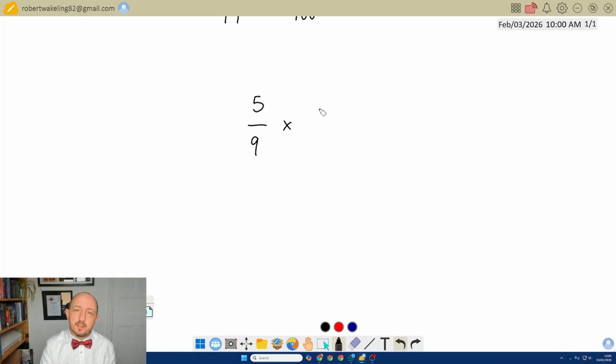5/9 times 18 out of 50. Okay, we can look up and down and see if there's any common factors. So 5 and 9, nothing divides into 5 and 9 except for 1. 18 and 50, yes, they're both even.